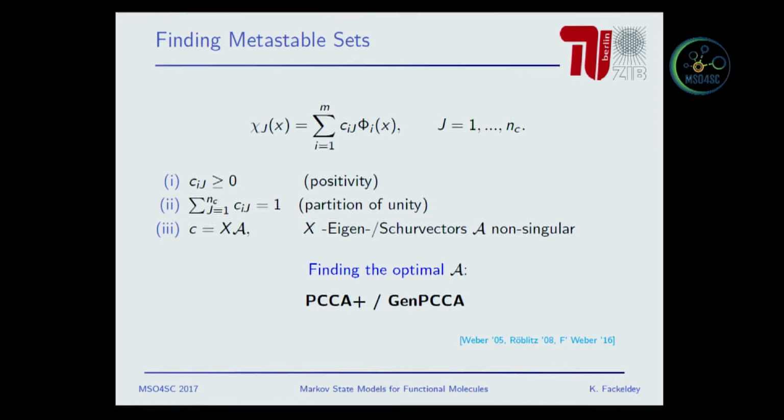Of course, when we have these mesh-free basis functions, we don't have hard boundaries, so we lose the transition probability in that sense, but this can be interpreted in terms of membership functions.